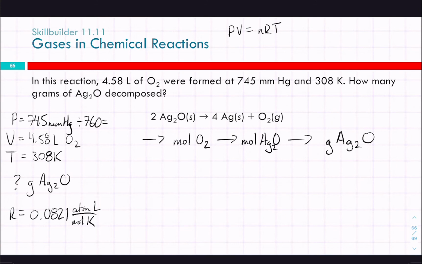But I did want to get to the why. So that's 0.980 atmospheres, let's call it. Okay, so we're going to use PV equals nRT to calculate moles. Rearranging, it'll be PV over RT equals n.